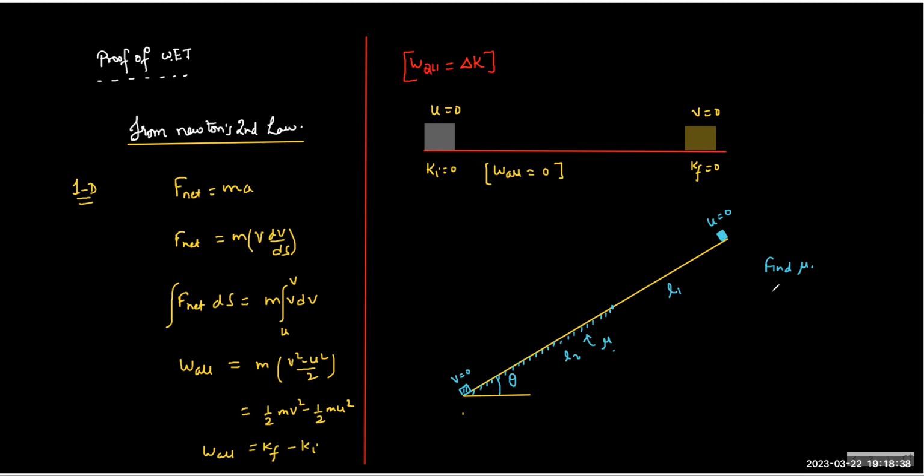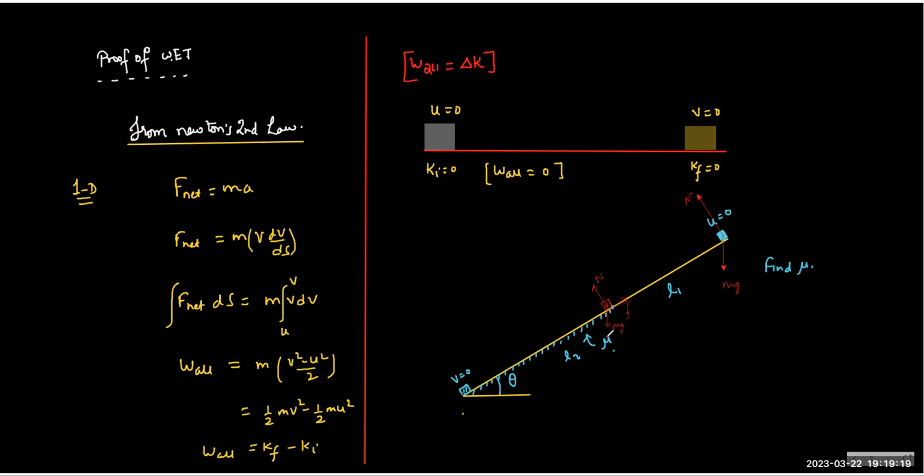So what you will do is first draw the free body diagram. So you know the forces are gravity, then normal. For the smooth surface, we have just two forces, gravity and normal, isn't it? But the moment you climb onto the rough patch, you will have normal, which is the same actually, gravity, and one more force, which is the friction force.